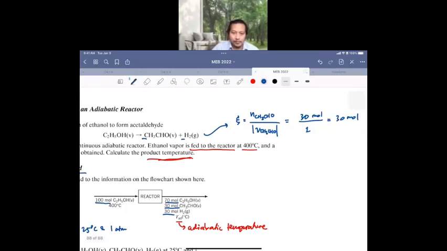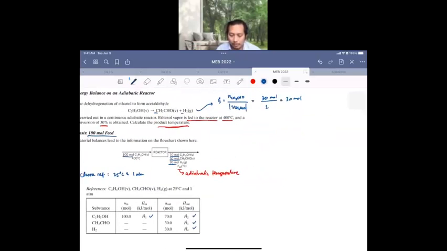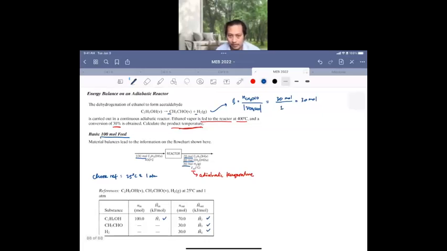Okay, and then we can write the whole adiabatic process in the reactor as the extent of reaction times the standard heat of reaction, plus all the enthalpy terms of the process here.